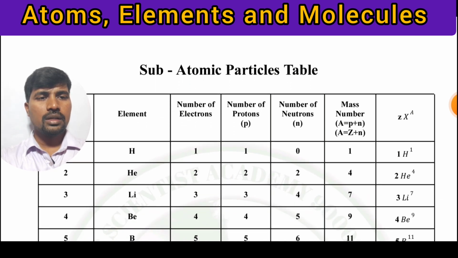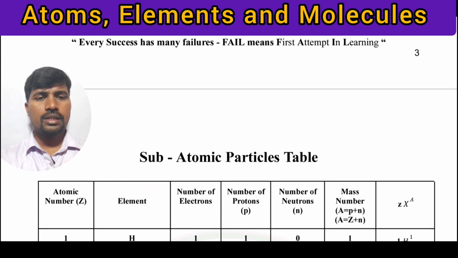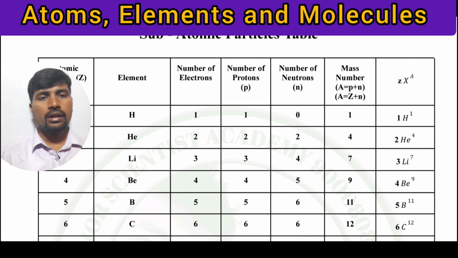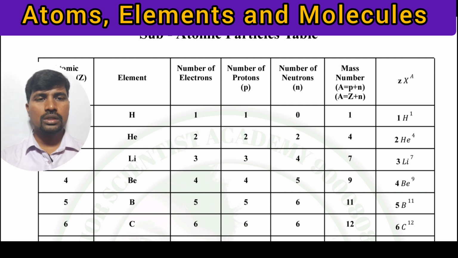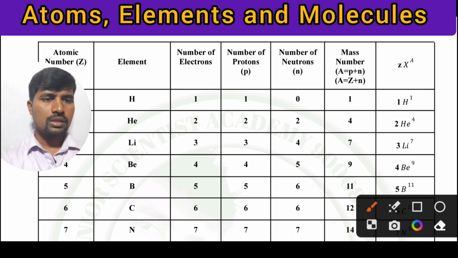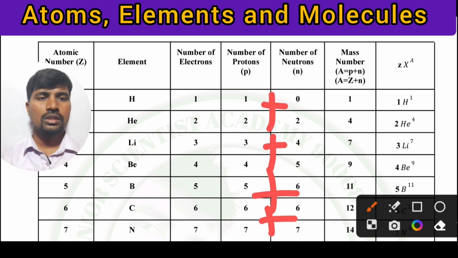Here, A is not capital A, A is nothing but mass number. Atomic number is denoted with capital Z, mass number is denoted with capital A. See children, here in hydrogen there is 1 electron, 1 proton, and neutrons 0. Okay, what does the mass number become? Sum of protons plus neutrons. We have to add the protons and the neutrons here. If we add all these, we get the next number: 2 + 2 is 4, 3 + 4 is 7, 4 + 5 is 9, 5 + 6 is 11, 6 + 6 is 12.